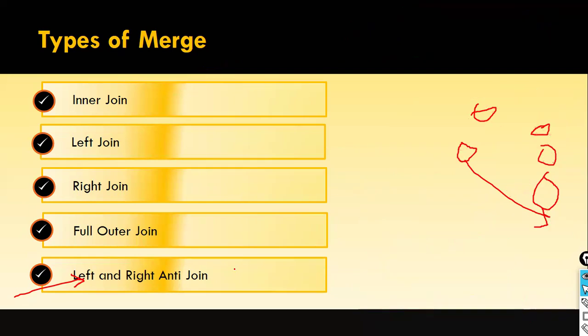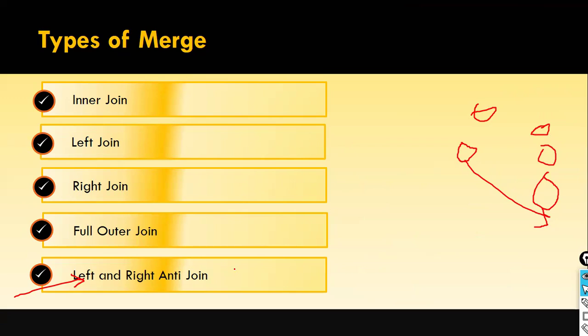Now you understood what is left join, right join, inner join, full outer join, and anti-joins. Inner join is the common values between the two data sets. Left join is all the values from the left side, along with the matching values.